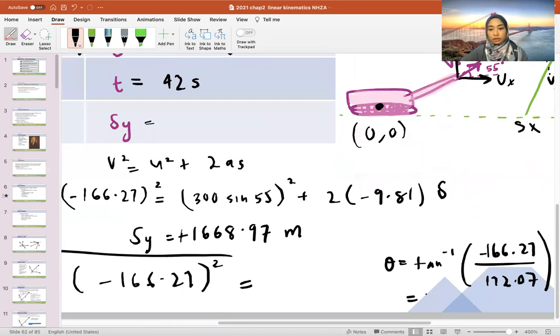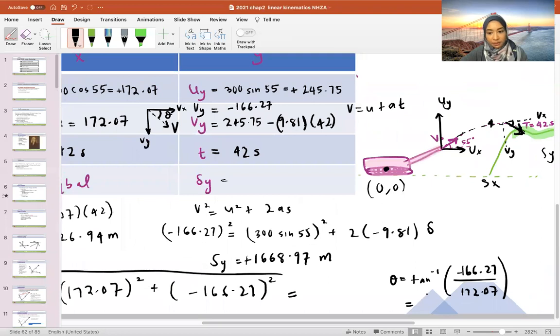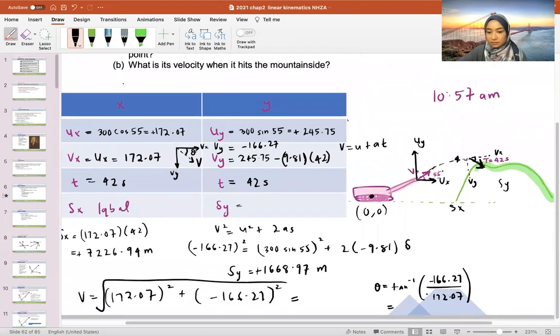Okay, so ada tak orang boleh kasih saya jawapan macam biasa? What's the angle and what's the magnitude here? Saya pun kira sekali. Magnitude 239.28. 239.28, thank you.